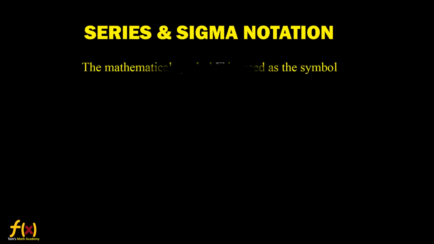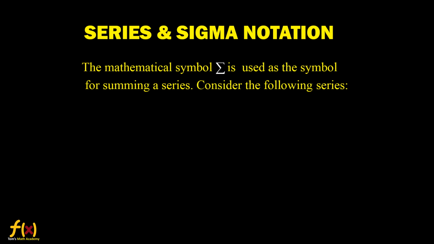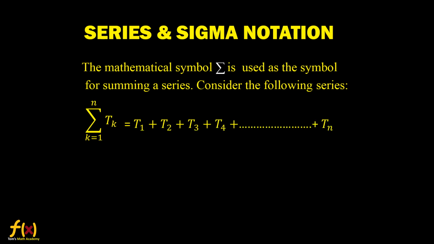The mathematical symbol sigma is used as the symbol for summing a series. It's a Greek letter. Consider the following series: sigma k equal to 1 to n of tk, which is equal to the sum t1 plus t2 plus t3 plus t4 plus up to tn.